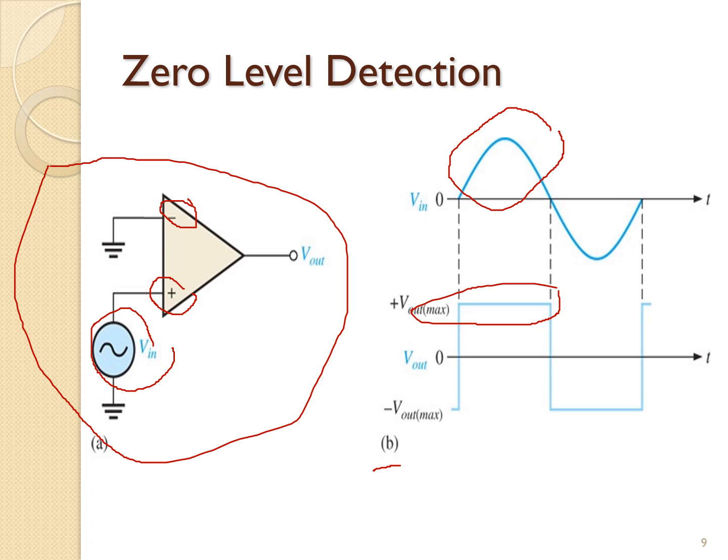When the sine wave crosses 0, the amplifier is driven to its opposite state and the output goes to its maximum negative level. It can be used as a squaring circuit to produce a square wave from a sine wave.